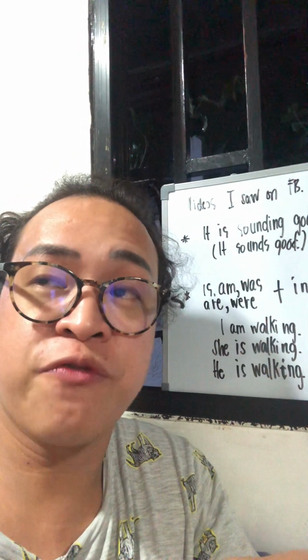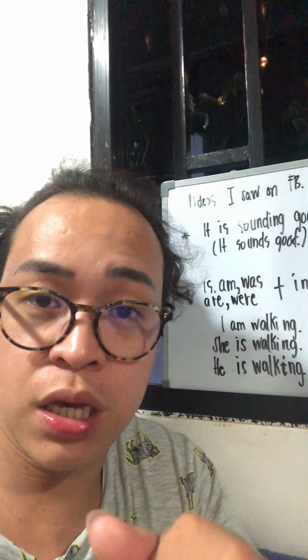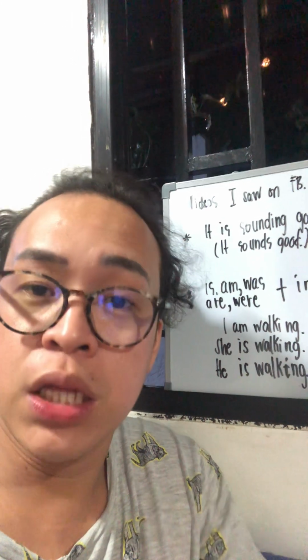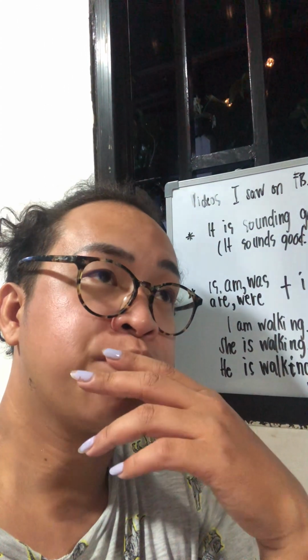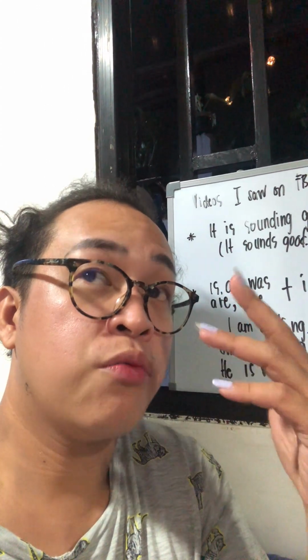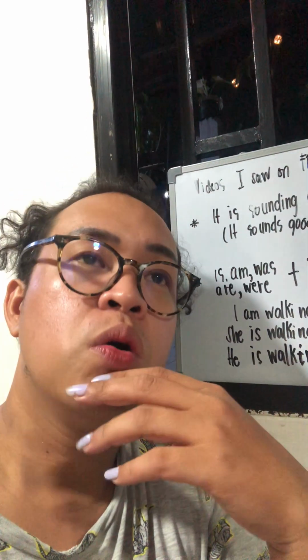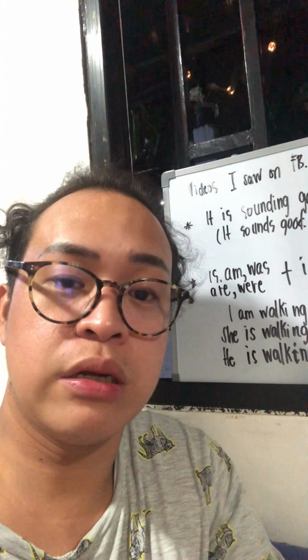Like the base form of the verb, for example, is make. So past tense will become made. Past participle, that will become made again. Alright? So have been, had been, has been made, for example. Or is made, was made.